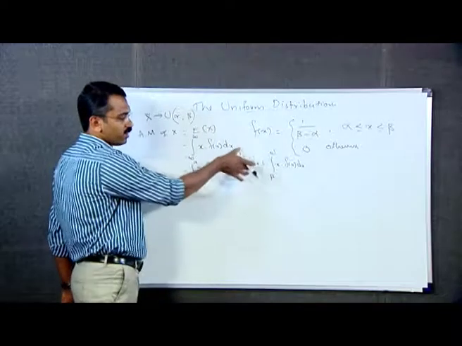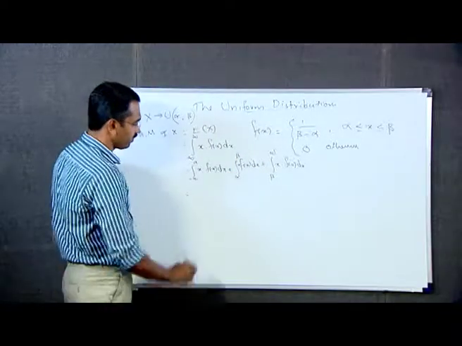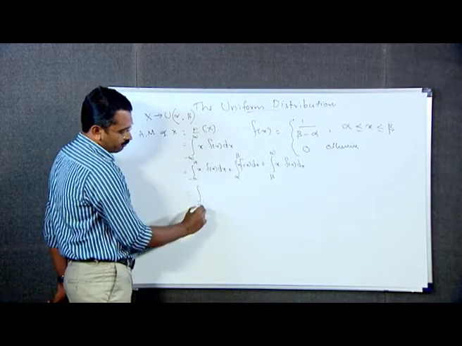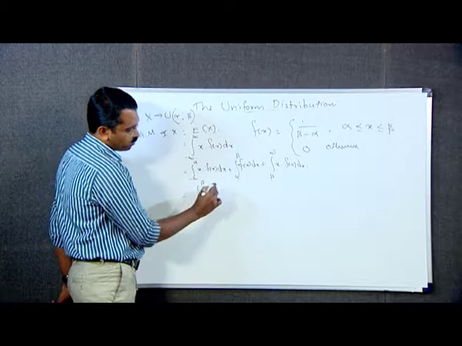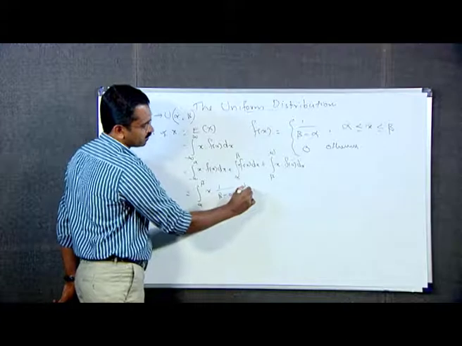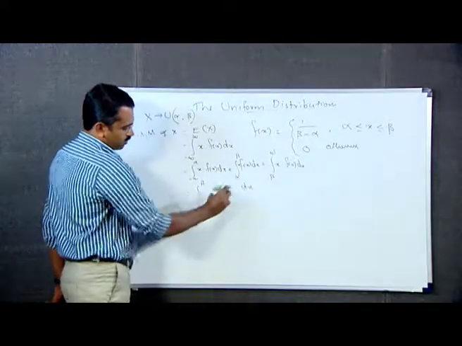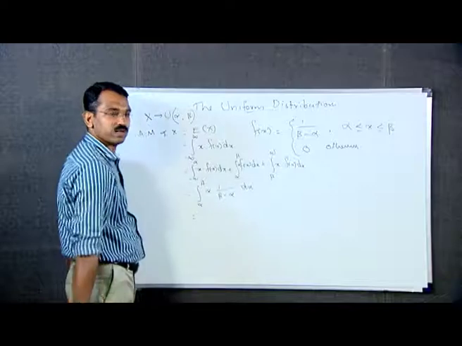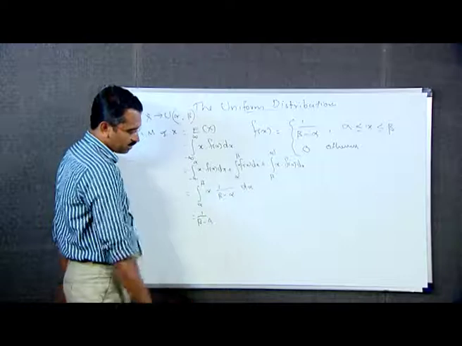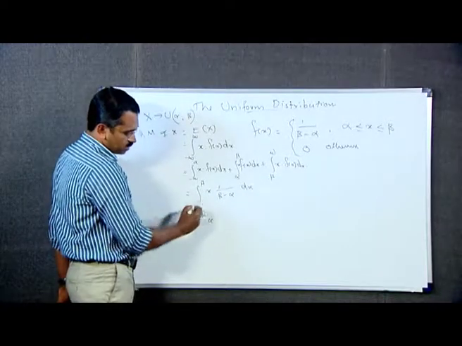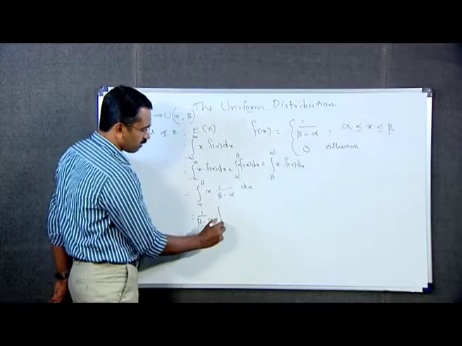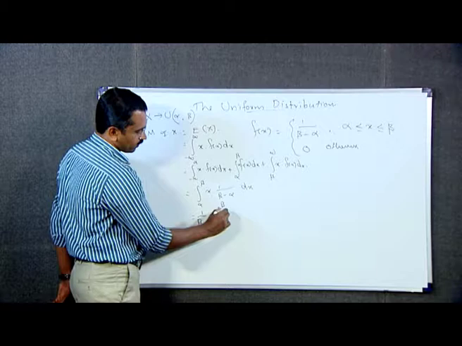Therefore, we have to evaluate the middle integral only, which is equal to integral from alpha to beta x into, here f of x is 1 divided by beta minus alpha dx. Here 1 by beta minus alpha is a constant which can be taken outside of the integral. Therefore, this is equal to 1 by beta minus alpha into integral from alpha to beta x dx.